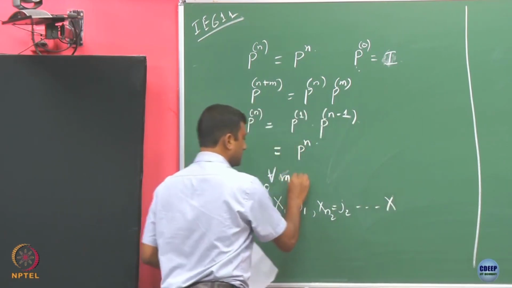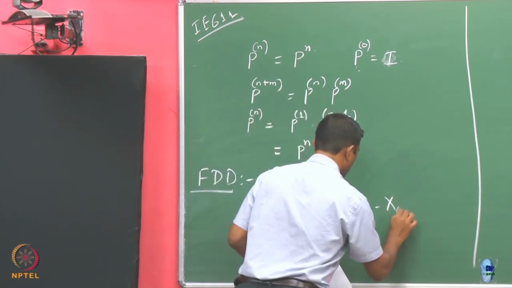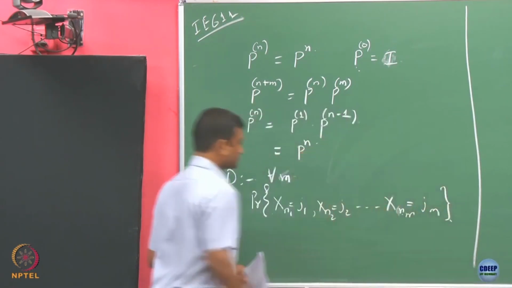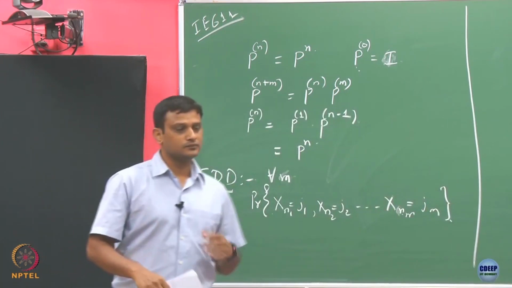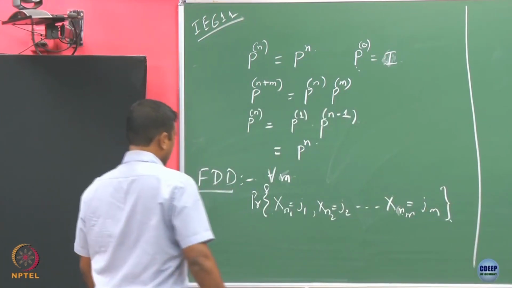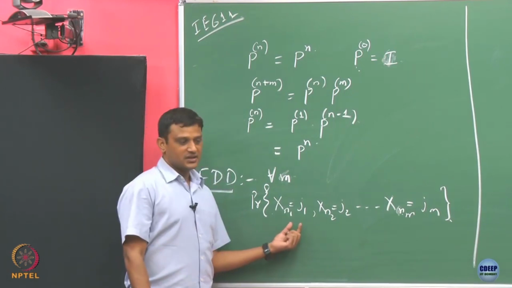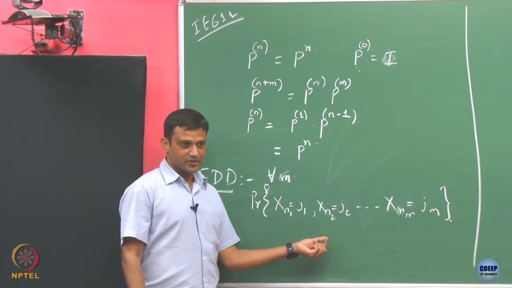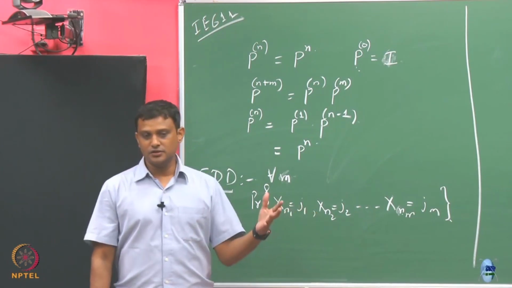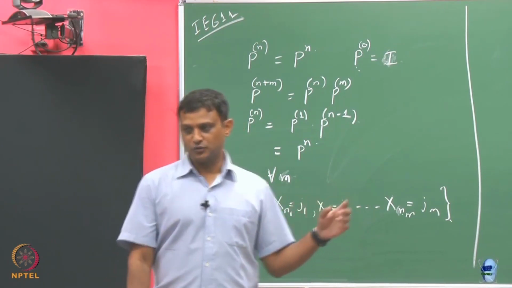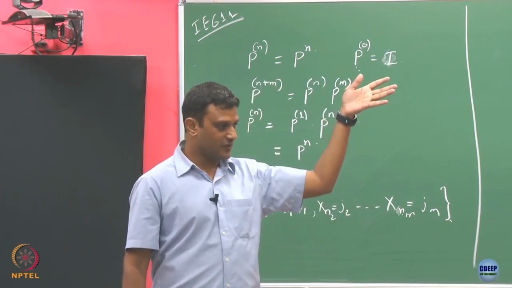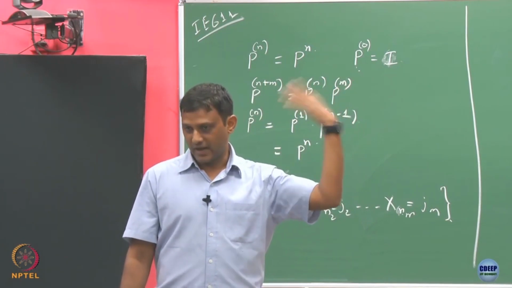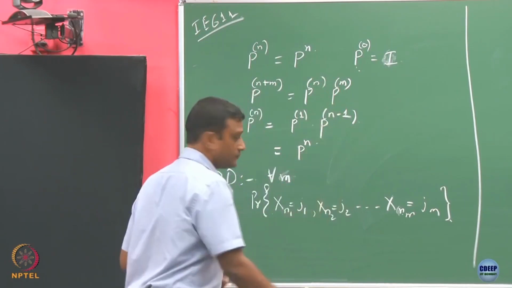So this is a joint distribution involving m random variables, and I need to give such joint distributions for all possible collections of my random variables to completely characterize my random process.